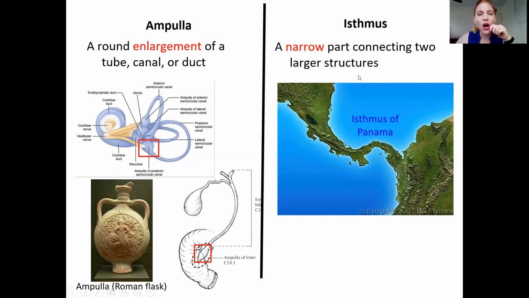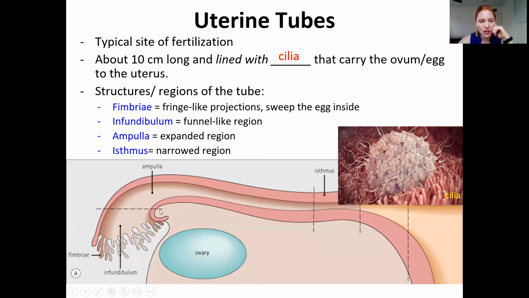Now, isthmus is the opposite of that. The isthmus is a narrowing part between two larger structures. To visualize that, here's the Isthmus of Panama. See this narrow region right in here. You've got fatter parts on the ends. The narrowing part would be the isthmus. So again, we have the fimbriae, finger-like projections that draw the egg inside.